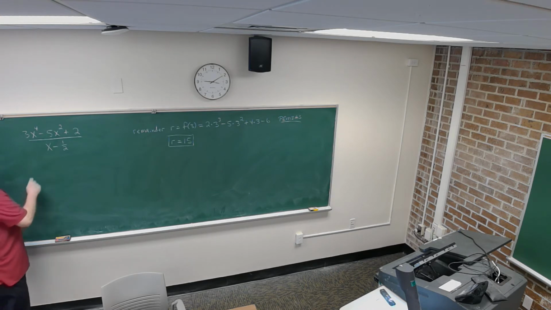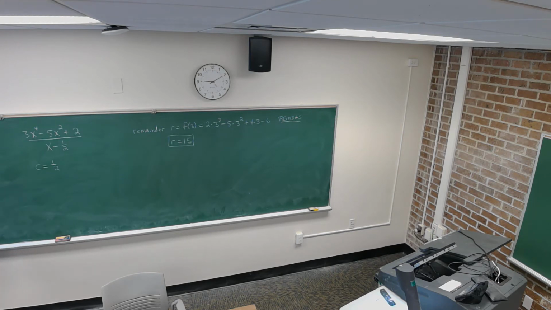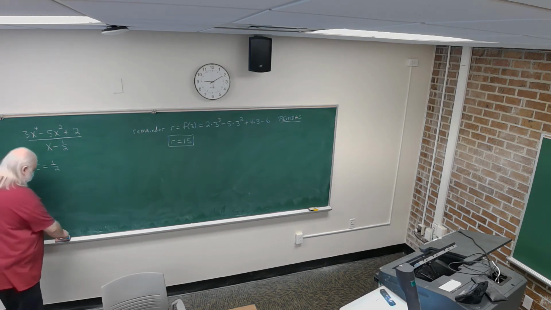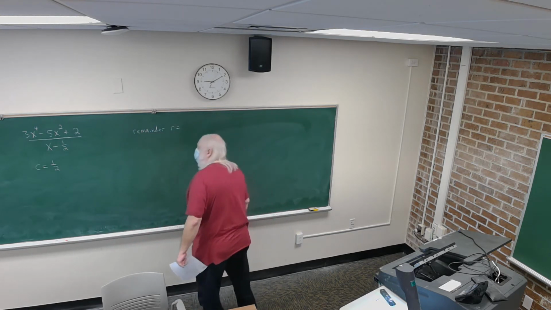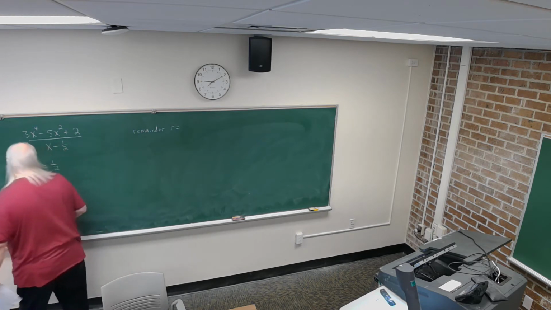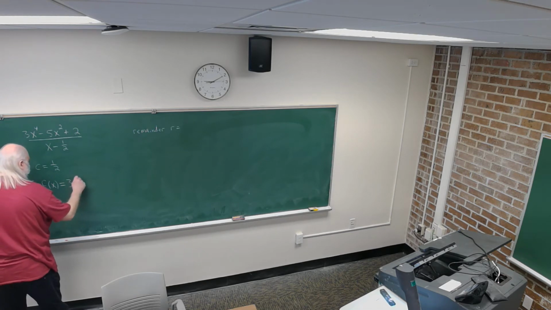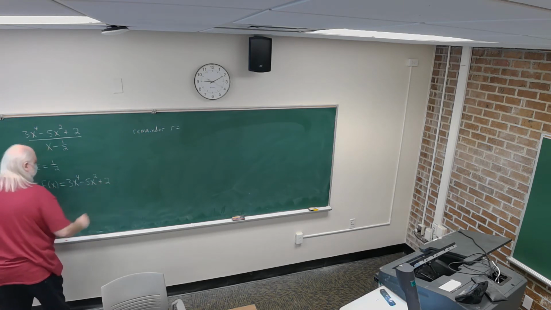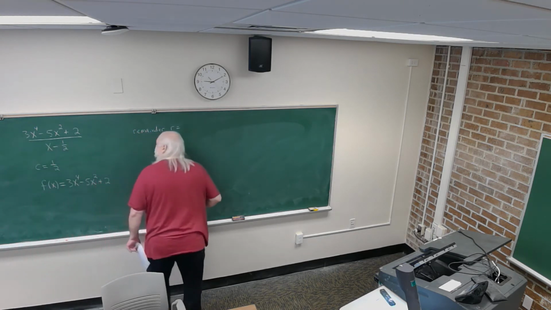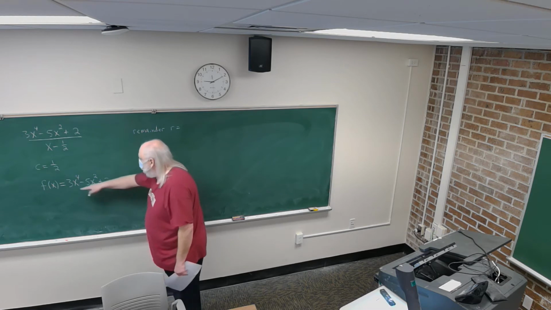C is equal to 1/2. So what's the remainder when we divide this fourth degree polynomial by x minus 1/2? Well, let's remind ourselves, f of x is equal to the numerator, 3x to the fourth minus 5x squared plus 2.